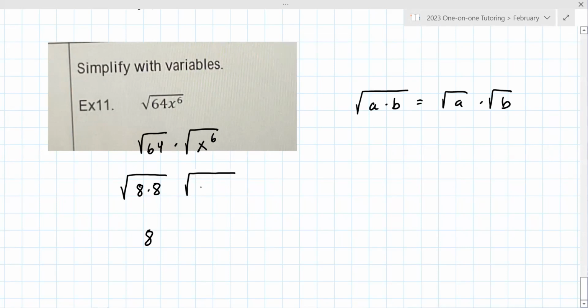So the x to the 6th is really x cubed times x cubed, because when the bases are the same, you add up the exponents. Using the same logic on the left as on the right, what would this on the right reduce to?